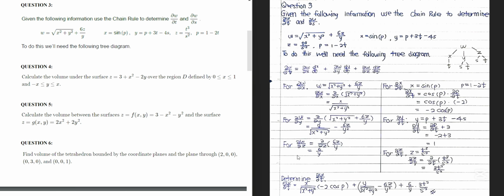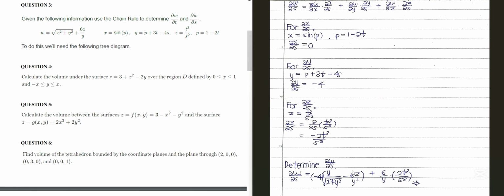Then we find the individual partial derivatives for ∂W/∂x, ∂W/∂y, ∂W/∂z, and ∂x/∂t, ∂y/∂t, and ∂z/∂t. Then we find the partial derivatives, and substitute into ∂W/∂t. We will get x over the square root of x squared plus y squared times negative 2 cos p, plus y over the square root of x squared plus y squared minus 6z over y squared, plus 6 over y times 3t squared over s squared.